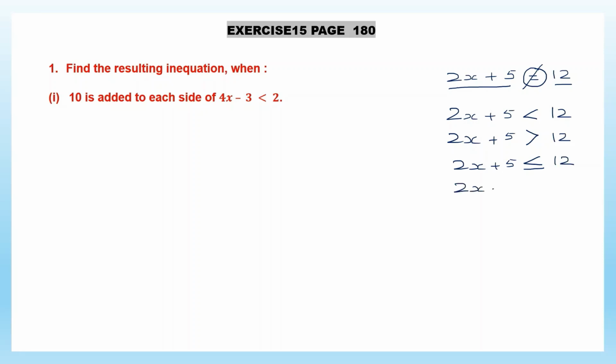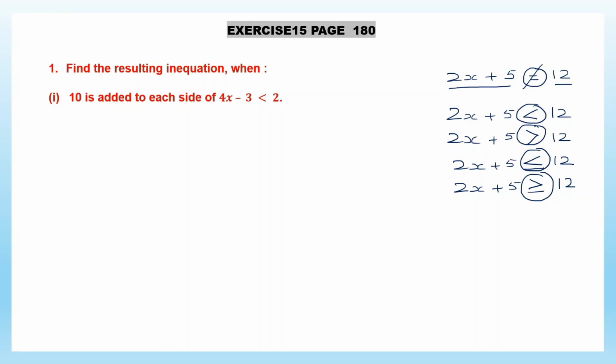Or I can say the left hand side is greater than and equal to the other expression. So these are the symbols that are used in an inequation. We don't use the symbol equal to; that is used in an equation.